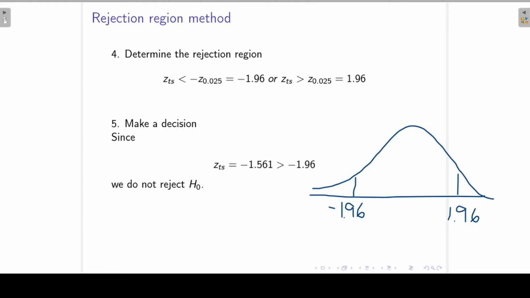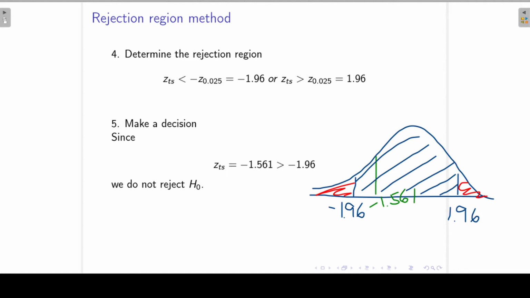My minus 1.561, the calculated one, is around about here. So it falls, this is the rejection regions, and the blue area is the acceptance region. So this minus 1.561 falls in the acceptance region, and therefore we do not reject the null hypothesis.